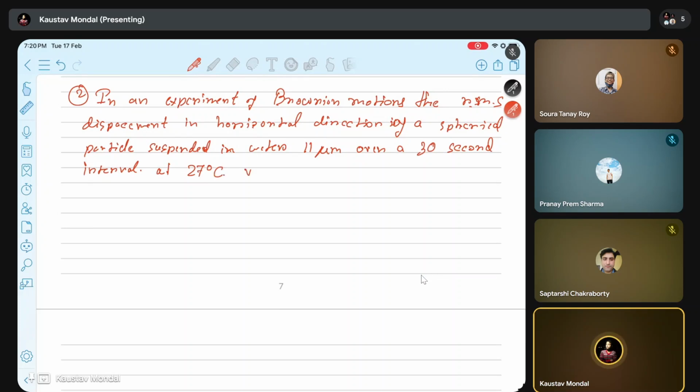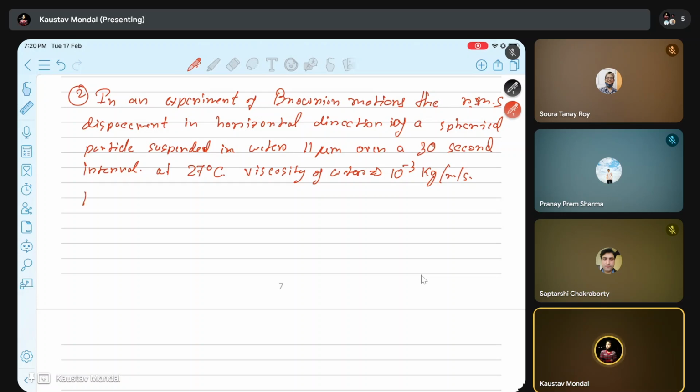The viscosity of water is given by 10 to the power minus 3 kg per meter per second.